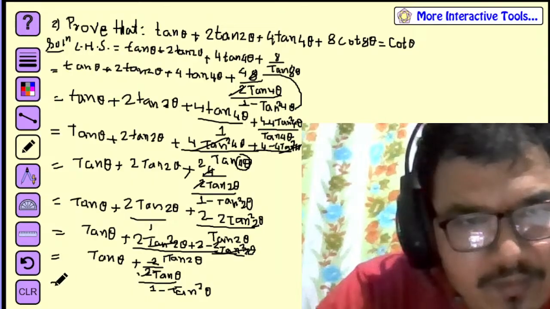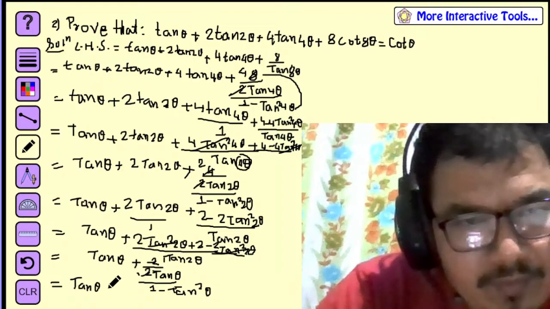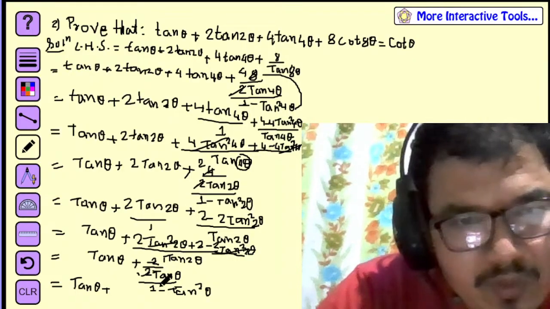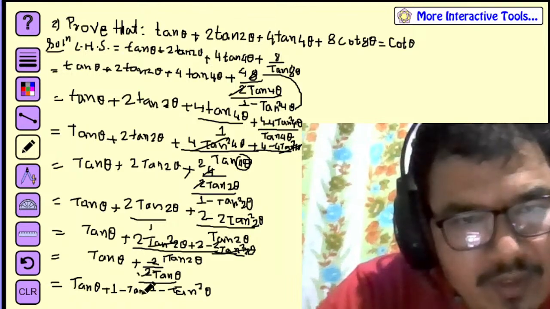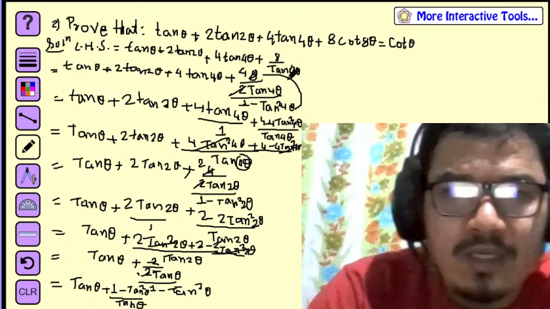Here it will remain tan theta, plus there is remaining 1 multiplied with this, so it will be 1 minus tan square theta up in the numerator, and down there is tan theta.